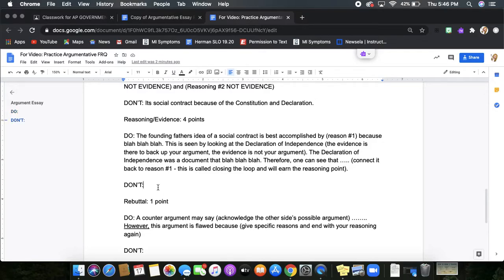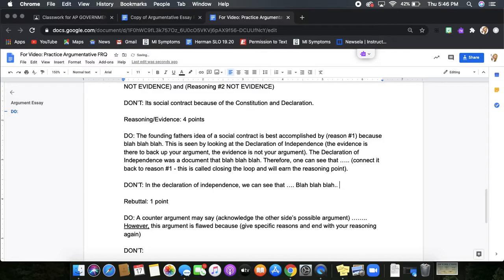So here's the big thing that I see. People like to jump right into their evidence, and you don't want to do that. So don't start off your reasoning evidence paragraphs by going, in the Declaration, we can see that, blah, blah, blah.